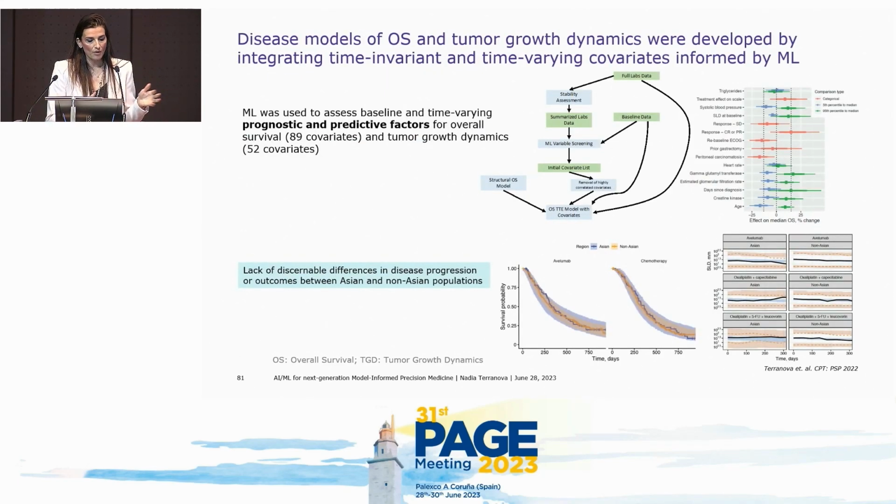In fact, with machine learning, we could assess 89 covariates for overall survival and 52 covariates for tumor growth dynamics, baseline and time-varying. And once we got a top ranking of predictors from machine learning, we could embed and integrate this into our more traditional models.